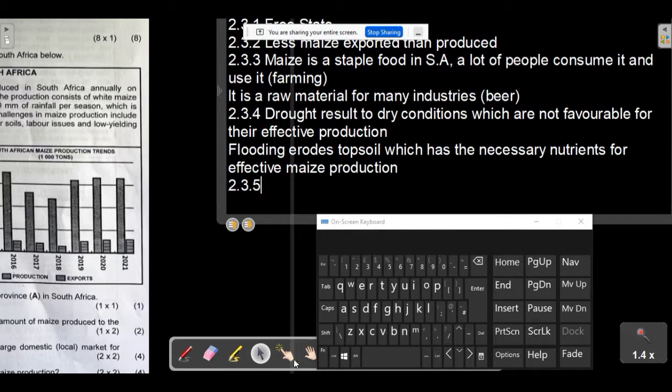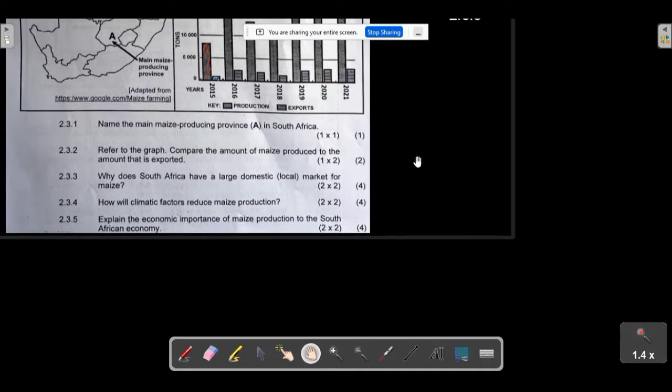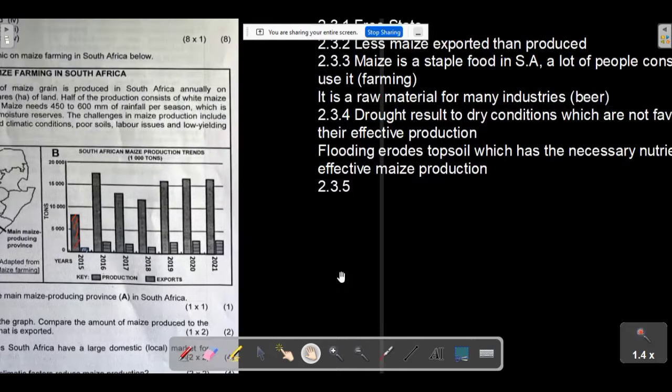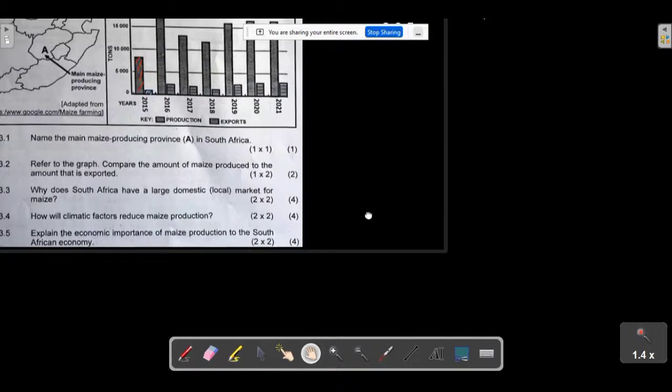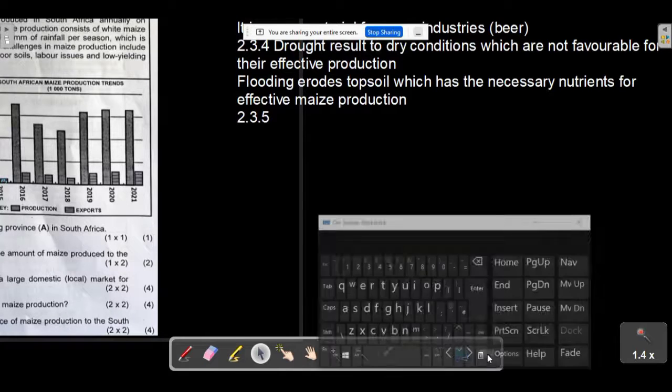2.3.5. Explain the economic importance of maize production to the South African economy. Guys, it participates in GDP, employs people, and earns foreign exchange. But they say explain, guys. I'm just thinking of time, so I'm just going to write the points. Of course, we have to explain.